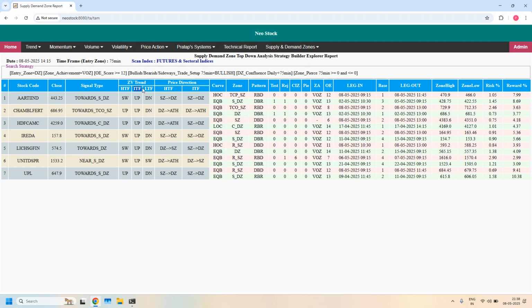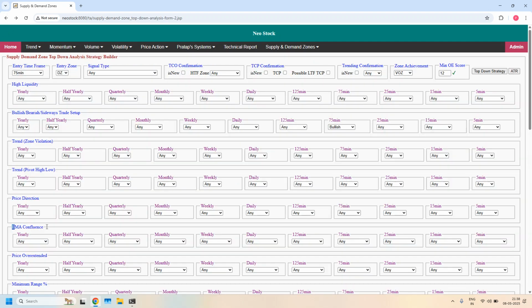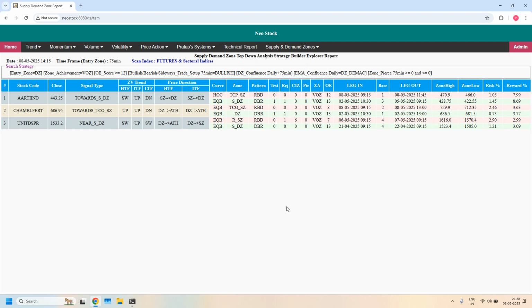And daily trend is up in all the stocks, ITF trend. So let's filter daily demand zone with daily EMA confluence. 3 stocks are filtered. So these 3 75 minutes demand zones are having more high probability to get success.